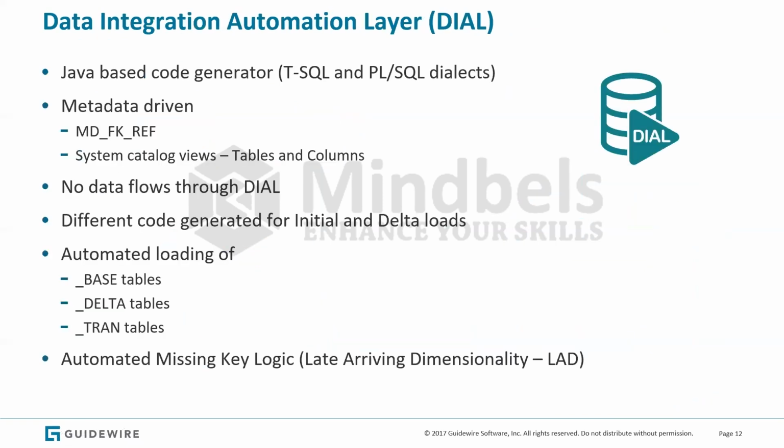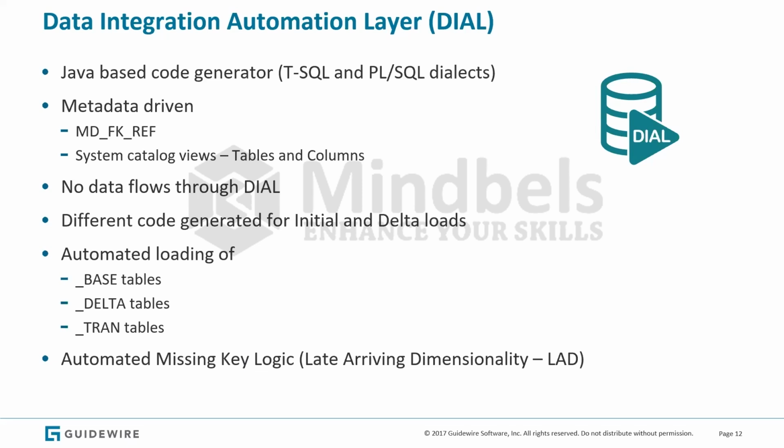Then, so we are done with the transformations. Now we have our dial, which is the data integration and automation layer. It's a Java-based code generator, and it refers to metadata which is stored in our metadata foreign key reference table. We have the MDFK ref table.